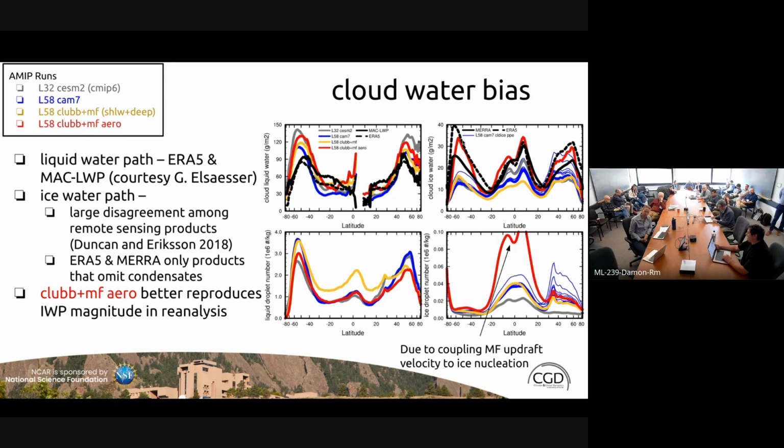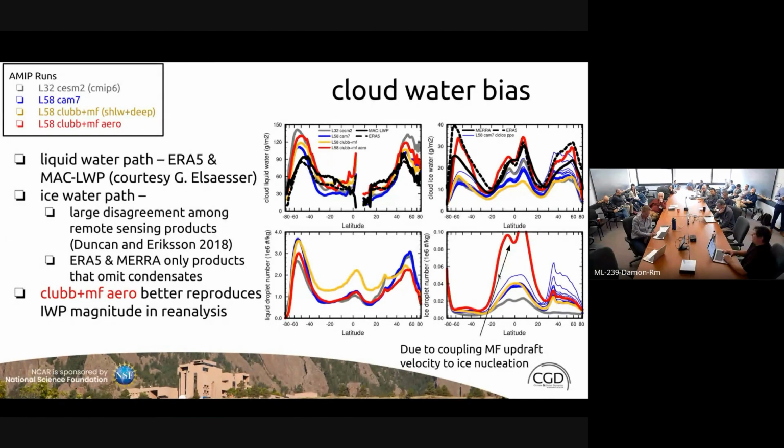And so in CLUBB-MF, you'll notice, CLUBB-MF Aero at least, you have all of this ice water path over the Southern Ocean, and you have a lot more ice water path over the equator and over the Northern Hemisphere. That's really showing that our CLUBB-MF is doing something you can't do by just tuning CAM 7; we're creating more cloud ice than you could create that way. So there's some value to be added there.